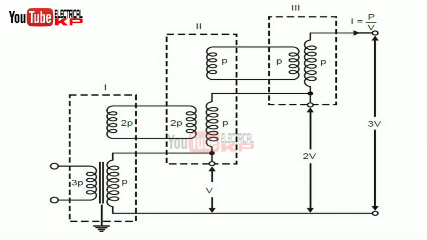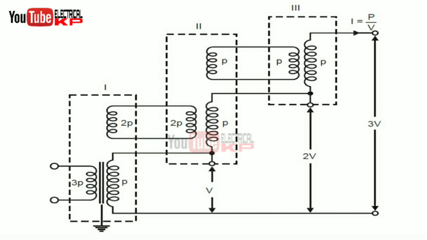So the voltage from the terminal of the secondary of the third stage transformer to the ground will be 3V, or 3 times the supply voltage. One thing to be noted here is that all the stages except the uppermost must have a 3 winding transformer, because the tertiary of each transformer is feeding the primary of the next transformer. Only the uppermost transformer may have a 2 winding transformer, because it is not feeding any other transformer.